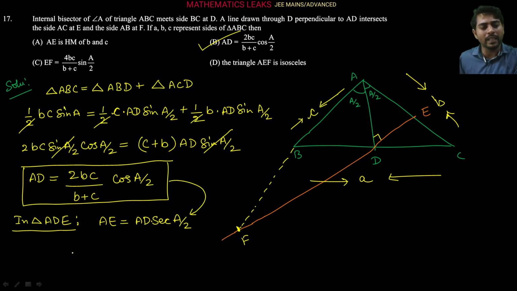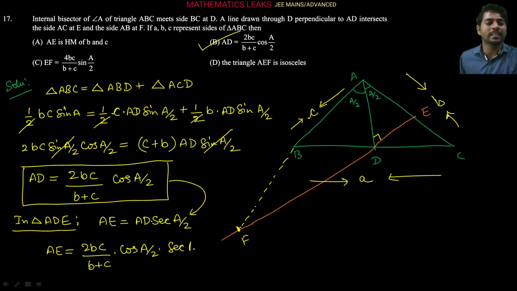So AE is equal to AD into secant A by 2. AD value is 2 times BC upon (B plus C) into cos A by 2, and here we already have secant A by 2, right?